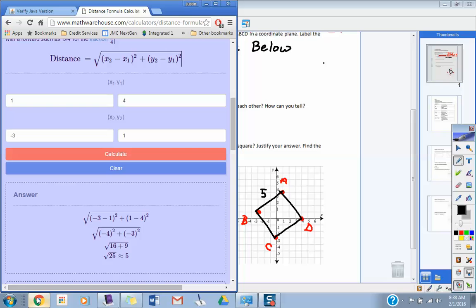That's weird. There we go. Put down 0, negative 3, and then negative 3 comma 1. Okay, so you're putting in the 2 points, B and C. Put in B and C. So I'll see if I agree with you guys. Again, B is the point, negative 3 comma 1.